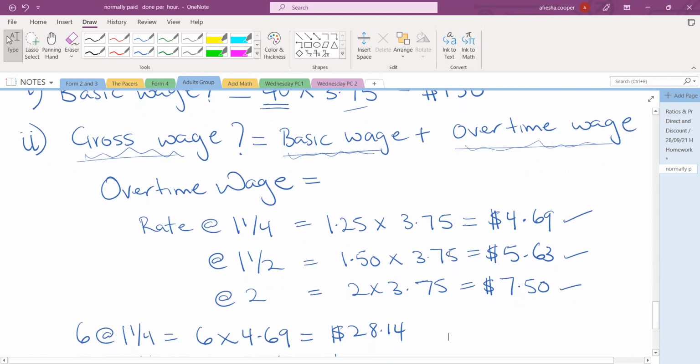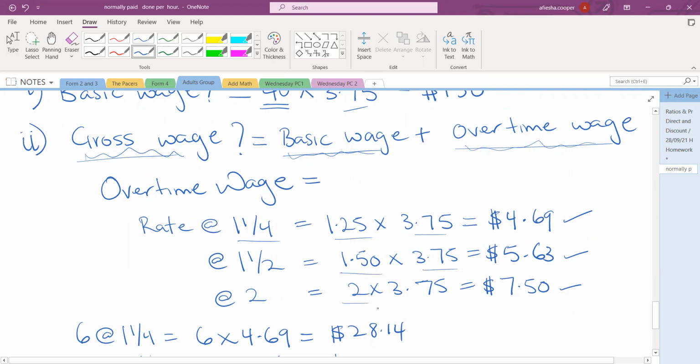So we're going to find it for each hour first. So we know at 1 1/4 is going to be 1.25 by 3.75, because 1 1/4 is 1.25 by the hourly rate. 1 1/2 will be 1.5 by the hourly rate.